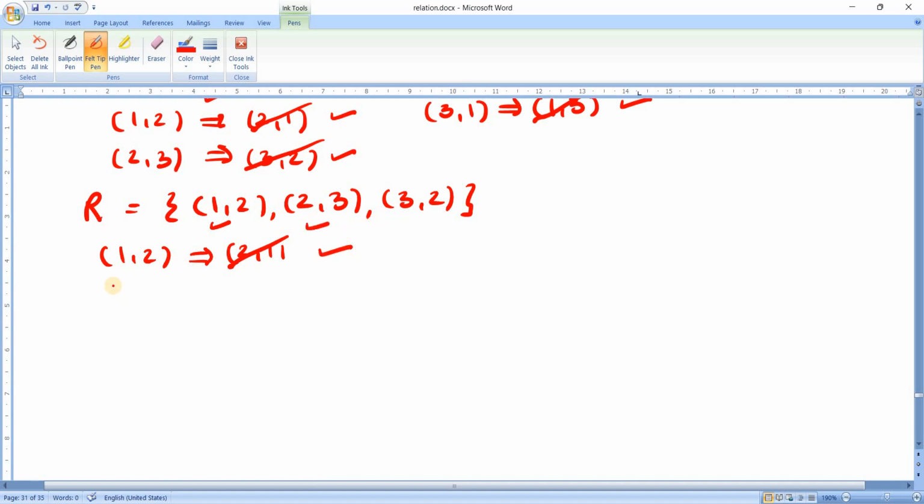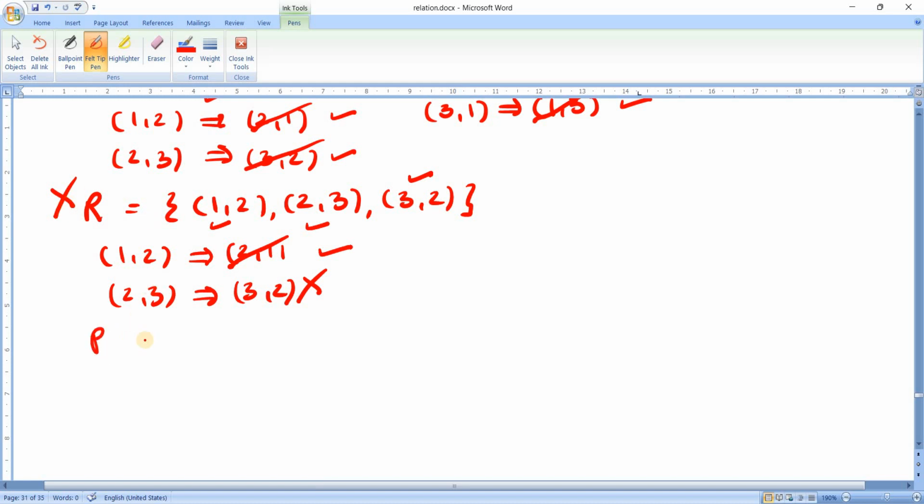For the next ordered pair (2, 3), we should not have (3, 2), but we can see that (3, 2) is in R, so this condition is false according to the definition of asymmetry. So we will say that this R is not an asymmetric relation.